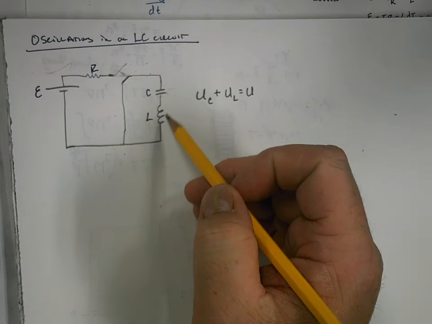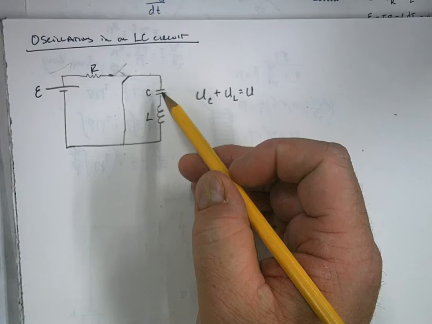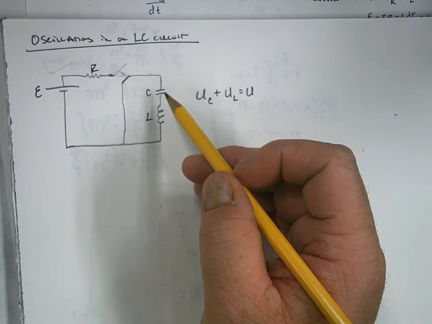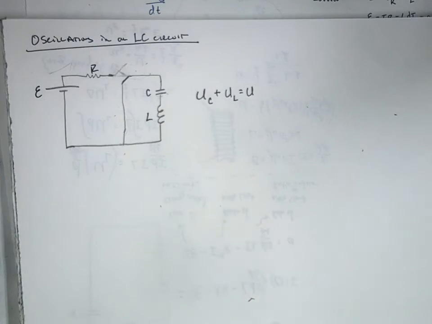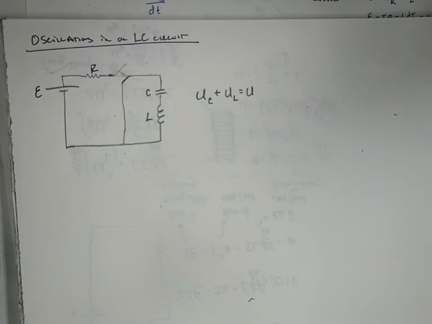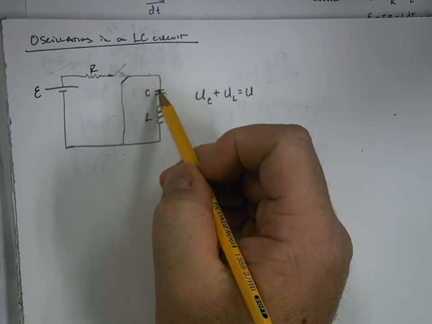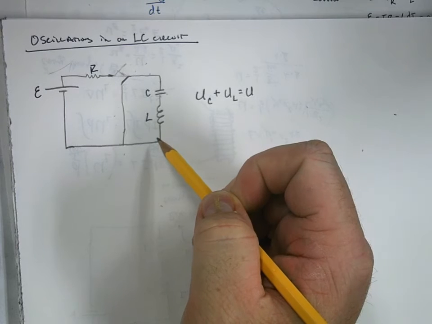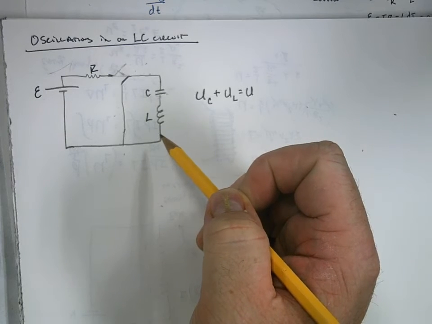And we have energy stored in the inductor, and we have energy stored in the capacitor. What happened before when we had an RC circuit? What did the capacitor do? It started to discharge, right?